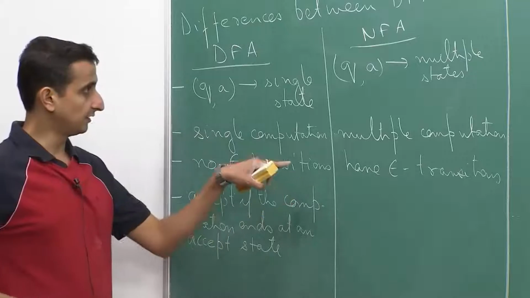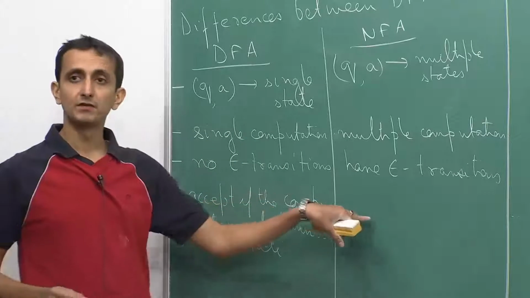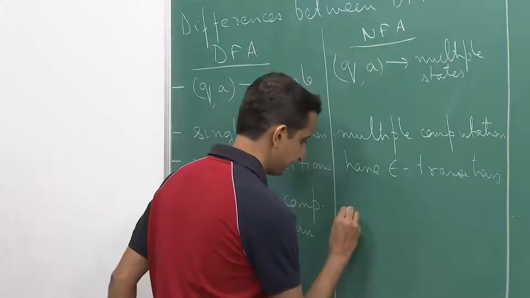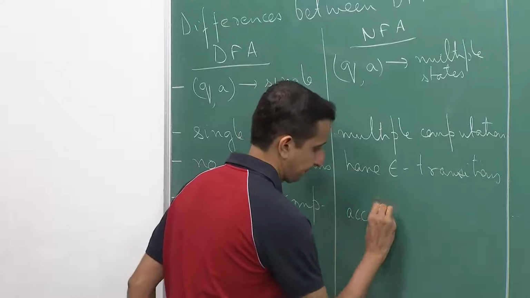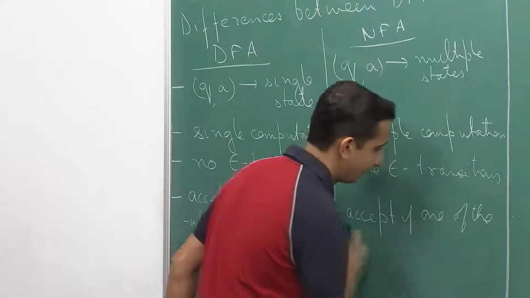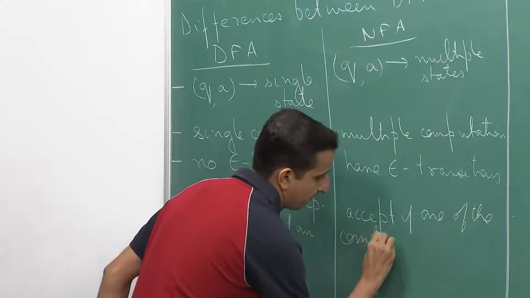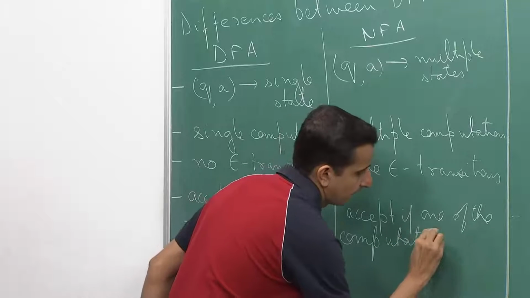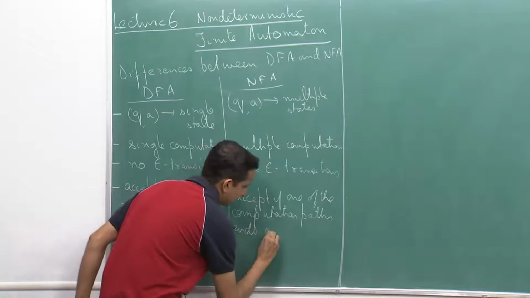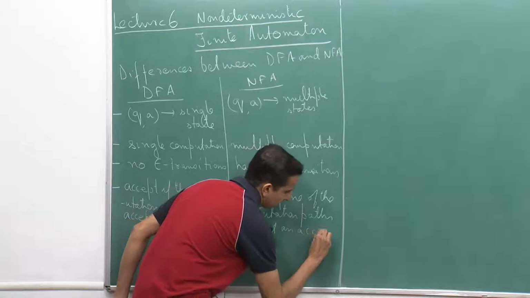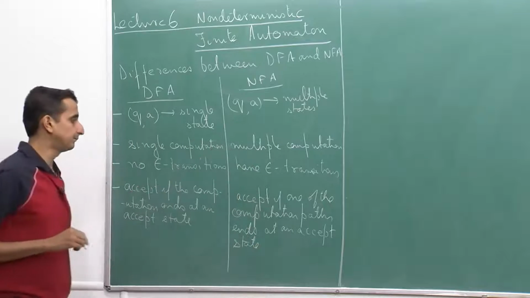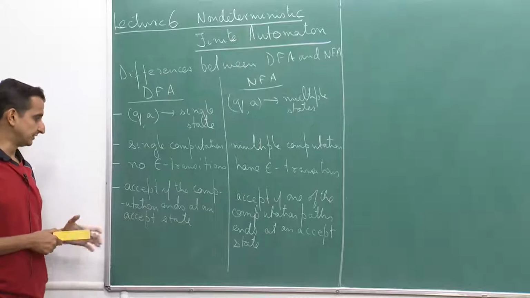In the case of a non-deterministic finite automaton, the definition is different. Here we accept if one of the computation paths ends up at an accept state. Okay. So, these are the fundamental differences.